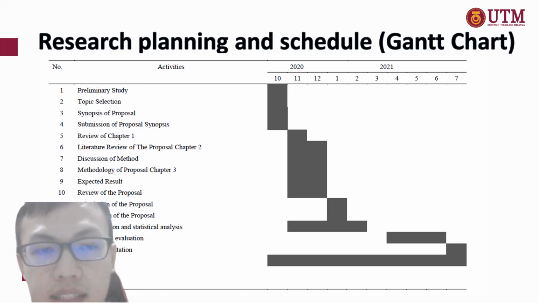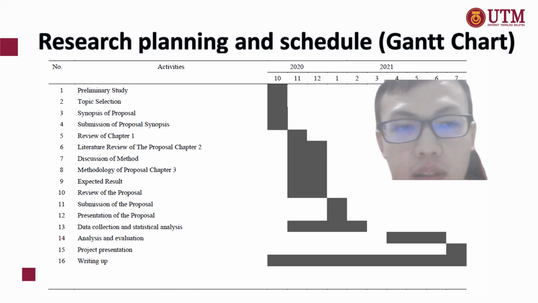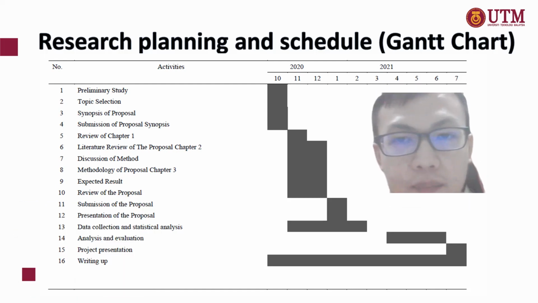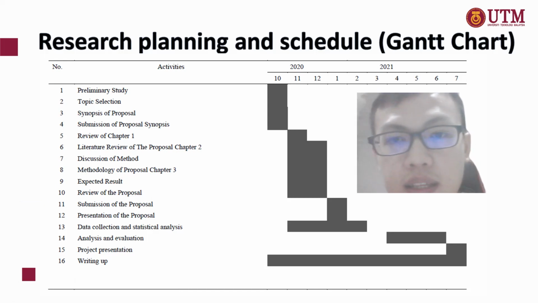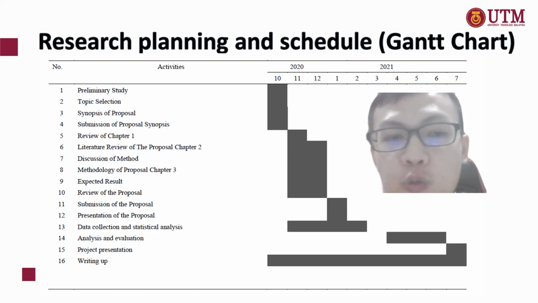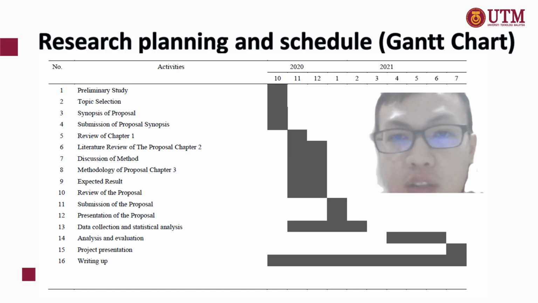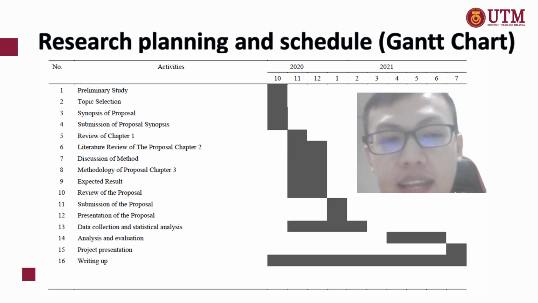So next is the submission of the proposal. And last is the presentation of the proposal. The date and time is fixed in January 2021. So we have to do the submission and presentation of the proposal in January 2021.